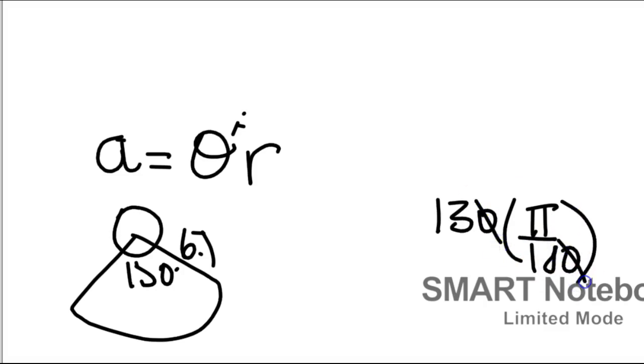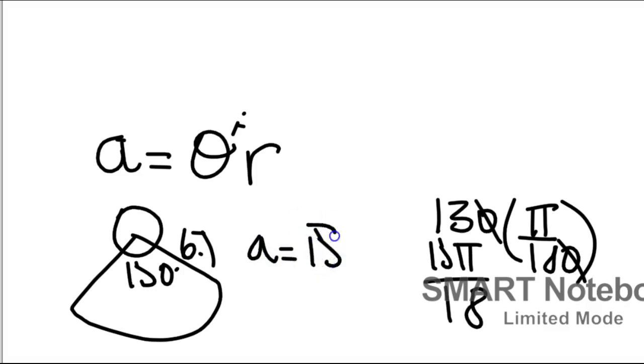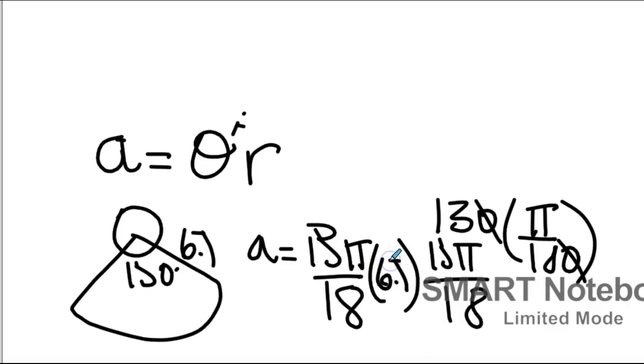Okay, so I would reduce, and I'd end up with 13 pi over 18. So that's in radians now. So I can find my arc length by going 13 pi over 18 times, what's my radius? 6.7. Okay, so if I go 13 times pi divided by 18 times 6.7, can somebody do that?